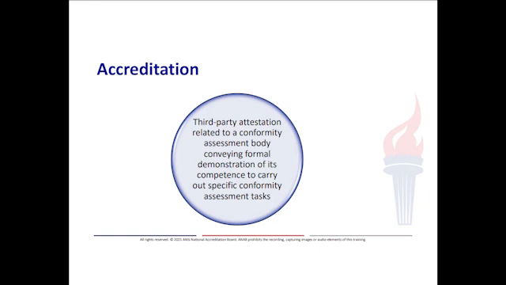Now, what is accreditation? It is third-party attestation. So it's us as ANAB, as an accreditation body, saying you as a conformity assessment body, a lab, an inspection body, have conveyed to us formal demonstration that you are competent to carry out the specific conformity assessment task. That's a very technical thing. Basically it says that whatever you have listed on your scope of accreditation, you said, we're going to do this type of inspection, or we're going to do this type of testing.